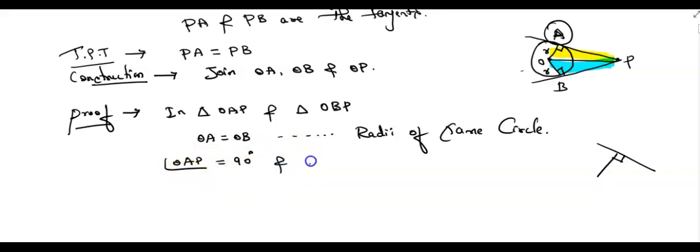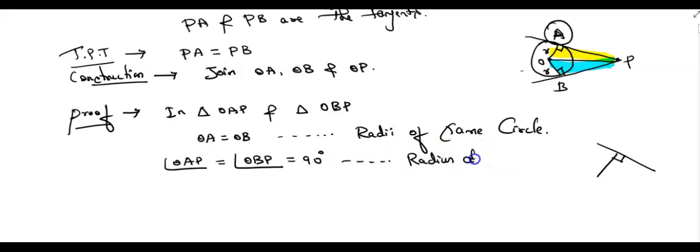And angle OBP is also equal to 90 degrees. Angle OAP and angle OBP both are equal to 90 degrees, no? So we can write like this: angle OAP is equal to angle OBP is equal to 90 degrees. Both are 90 degrees. Reason?